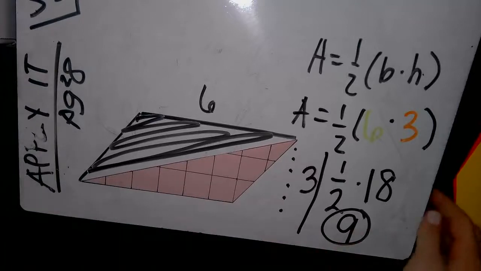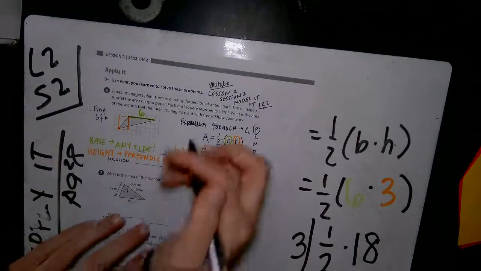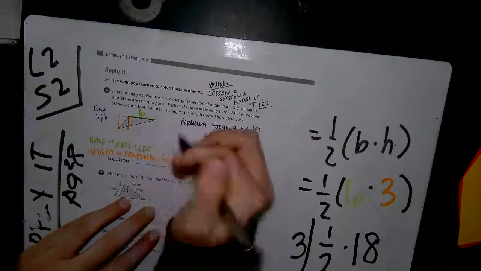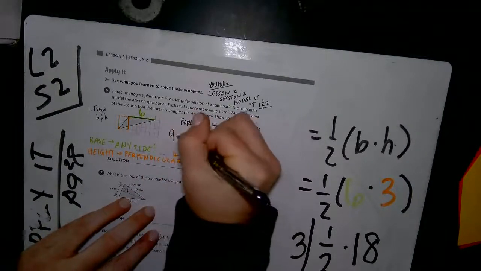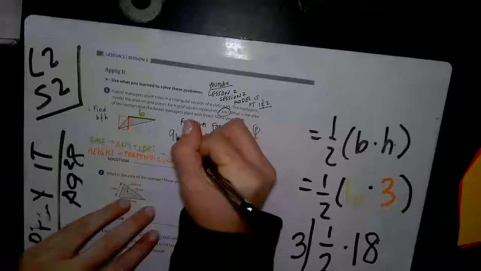So to come back to our sheet here, the area of this triangle is 9 kilometers squared.